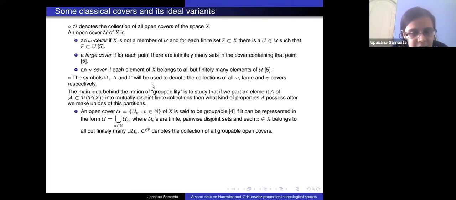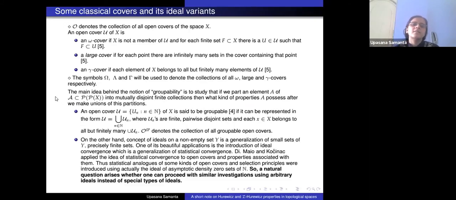The main idea behind the notion of groupability is to study that if we partition an element A of such a cover into mutually disjoint finite collections, then what kind of properties they possess after we take unions of these partitions. So this is a brief introduction of the classical selection principles and classical covers.